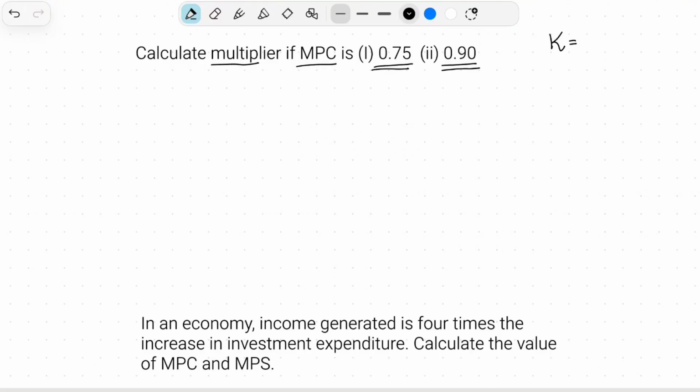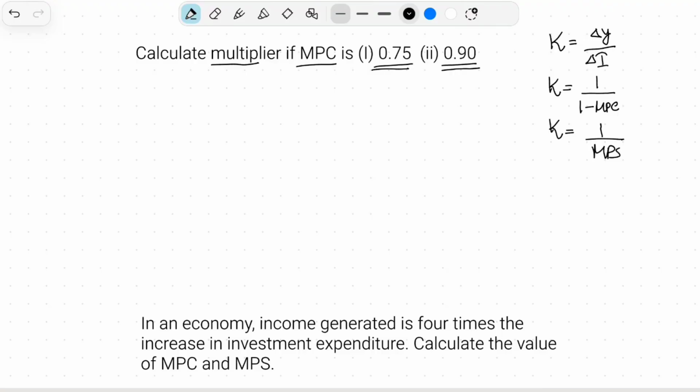Number one: K is equal to change in Y divided by change in I, that is, change in income divided by change in investment. Another formula: K is equal to 1 divided by 1 minus MPC, and the third formula is K is equal to 1 divided by MPS. So we have to solve using these formulas.